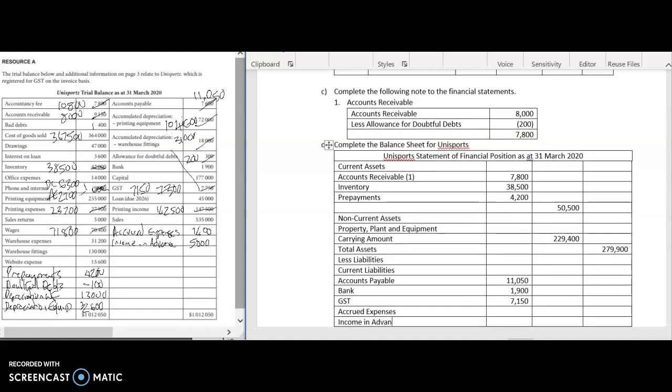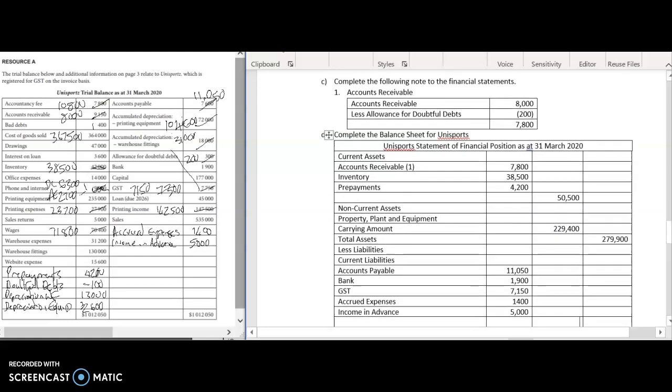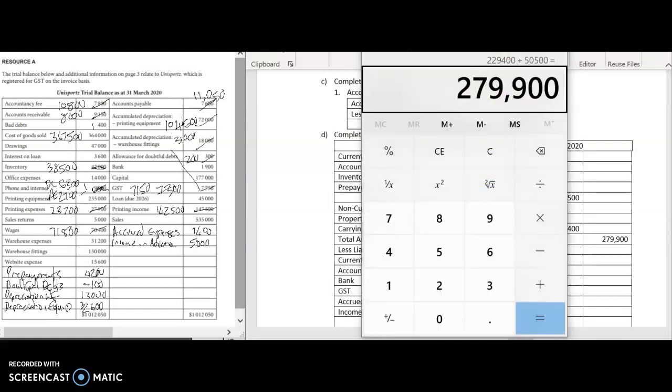Again, make sure you don't abbreviate. And again, because you've got handwritten ones there, they're worth merit marks. Right, and we're going to add up our total current liabilities.